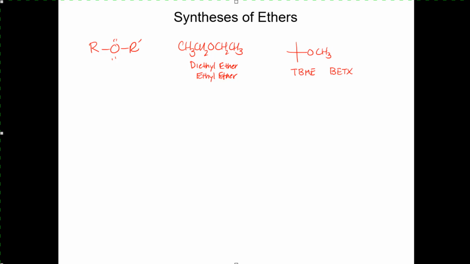But TBME, or tertiary butyl methyl ether, is one of those compounds that they do add to gas as oxygenates. They can just add ethyl ether as well. They can just add ethanol to the gasoline as an oxygenate, but they also add TBME. And TBME is maybe a tad bit carcinogenic.